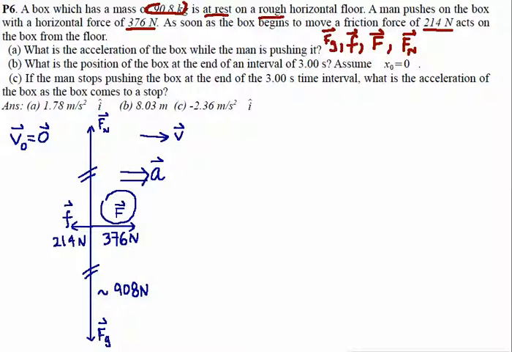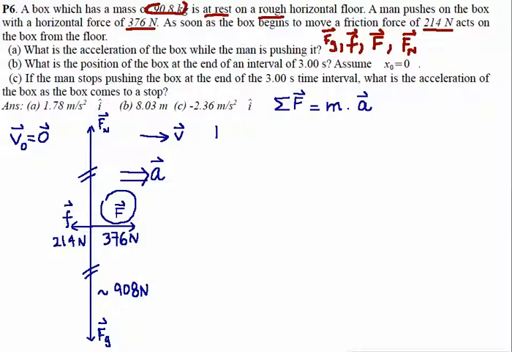Let's start the calculations now. The first principle is Newton's second law. The sum of the forces is equal to the mass times the acceleration. Now, I cannot use it in that format unless I'm really good at using i hat and j hat. Well, actually, let's try doing it that way.